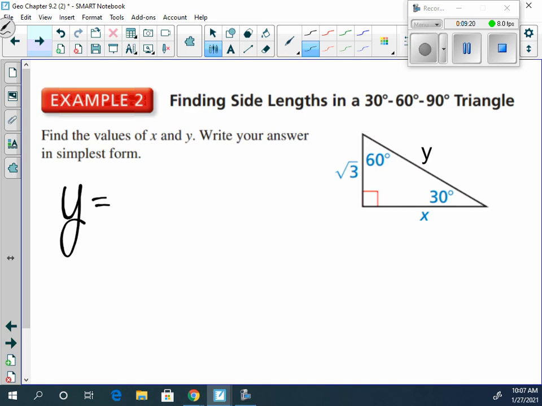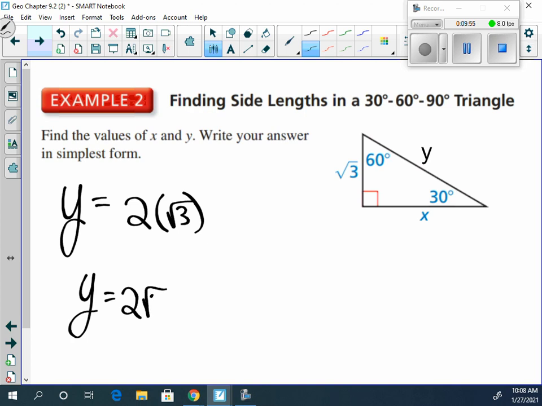Because if we have x, the shortest side, the side opposite 30, to get the hypotenuse, we're taking that side length and multiplying it by 2. So we multiply the shortest side, the side opposite 30, by what? 2. And the shortest side length is the square root of 3. So what is 2 times the square root of 3?